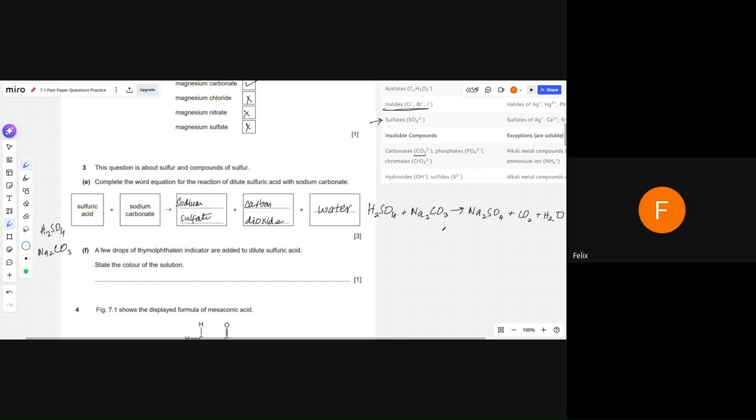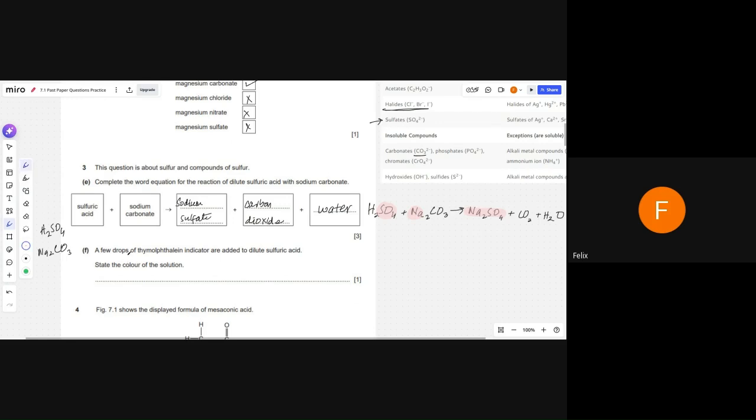This is the chemical equation. And you can see now that sodium, the metal from this carbonate, is combining with the polyatomic ion from the acid, the non-hydrogen part of the acid, and they are going to make sodium sulfate. And the carbonate is going to lose an oxygen and change into carbon dioxide, and that oxygen that it lost will combine with this H2 and they will make water. So I hope this is clear.